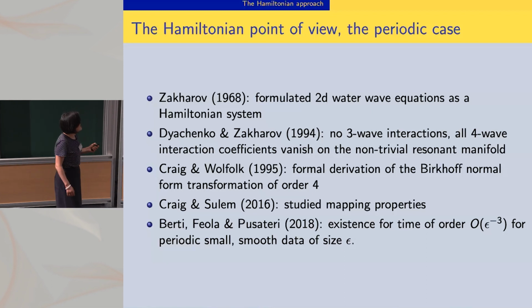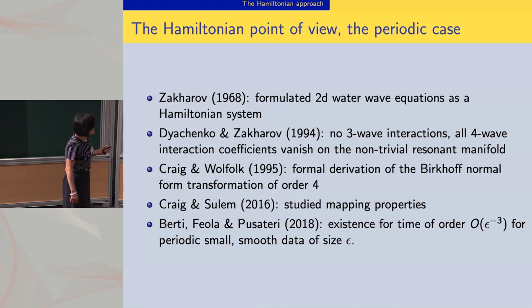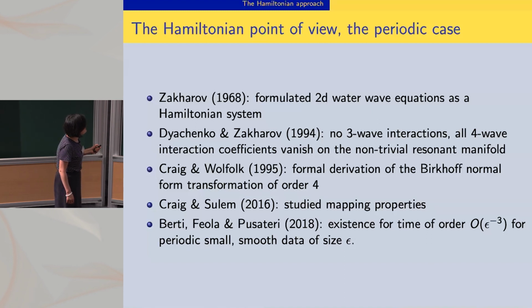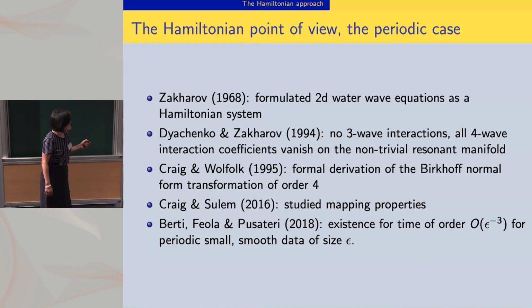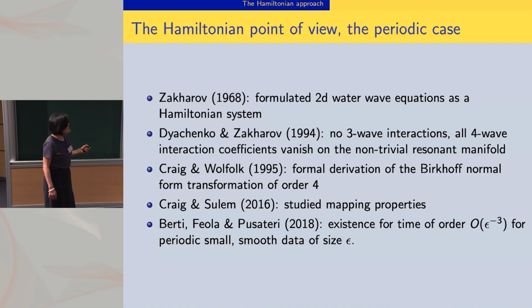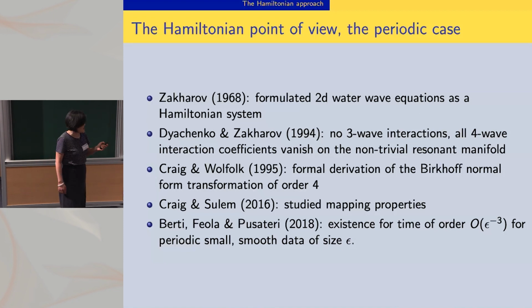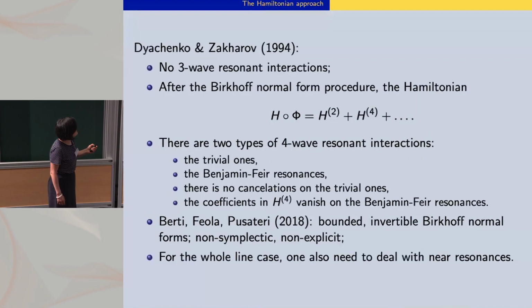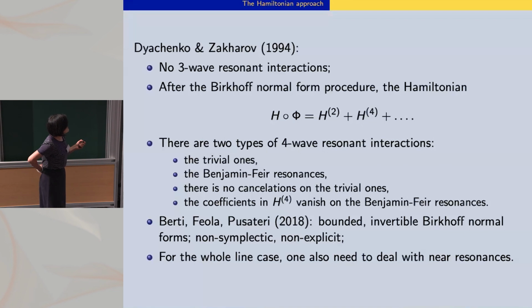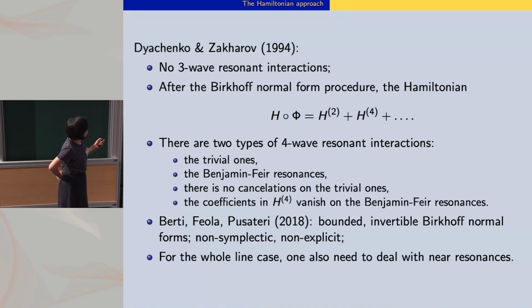The first work that made it really rigorous was by Berti, Feola, Pusateri. They were able to show that for smooth data of size epsilon in the periodic case, they can solve the equation up to time epsilon to the minus 3. What do we mean by the work of Dyachenko and Zakharov?